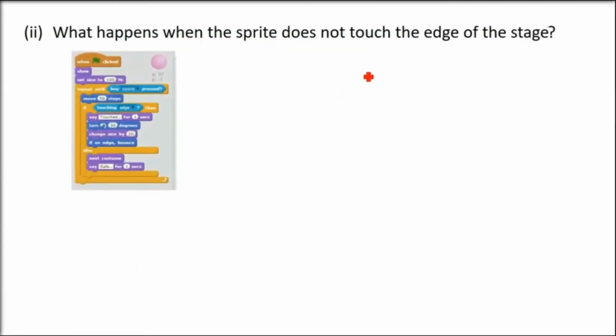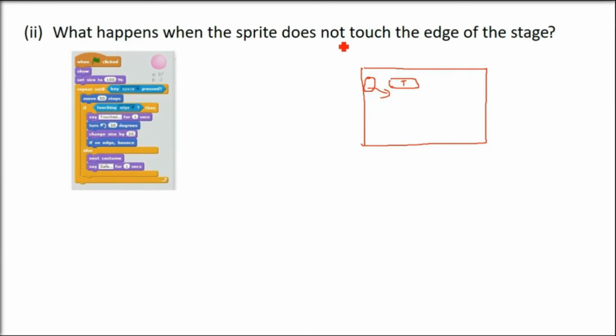That means both options are being asked here. If this mascot touches the edge, what will happen? There will be some message that it touched for 1 second, and there will be a positional change, and the size changes by 20. What will happen if it doesn't touch the boundary?